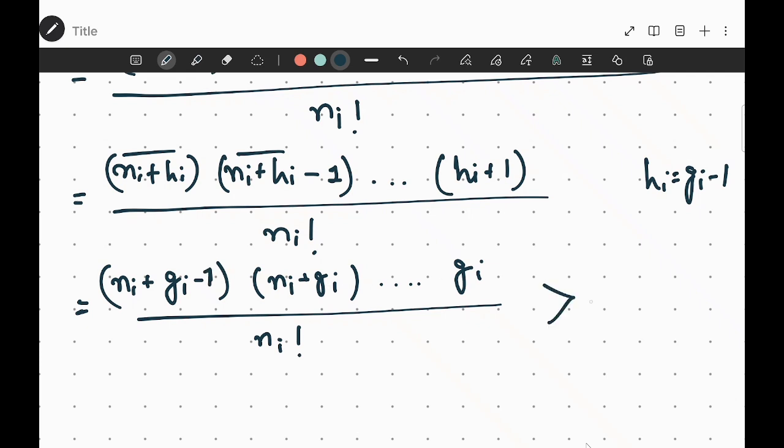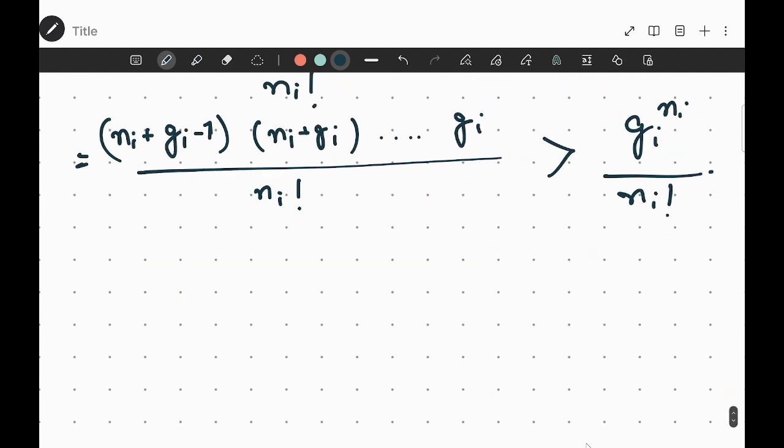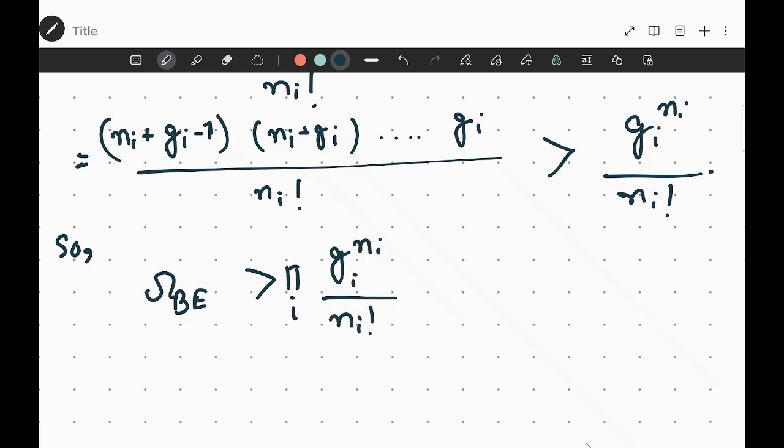So it will be Gi to the power Ni by Ni factorial. In the same way, Bose-Einstein will be greater than Gi to the power Ni divided by Ni factorial. So essentially it means that this Bose-Einstein is greater than Maxwell-Boltzmann by n factorial.